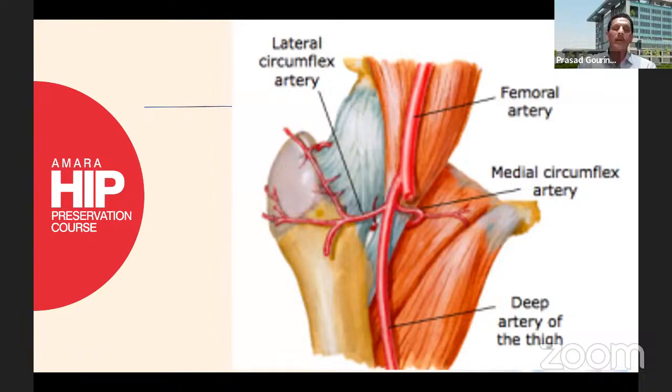But a more recent study, not recent actually, even as old as Trueta and Harrison from 1953, I'll show you some slides, there is no real anastomosis. This particular vessel, as you see here, is the femoris, lateral circumflex, medial circumflex. The lateral circumflex is the most important blood supply to the hip on the anterior aspect.